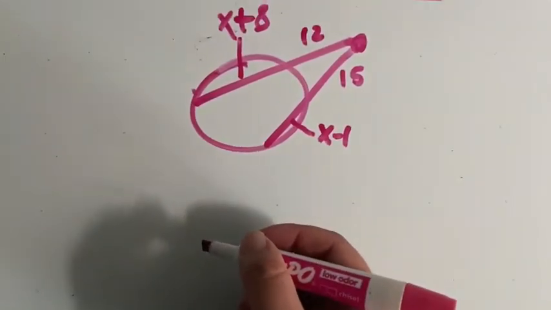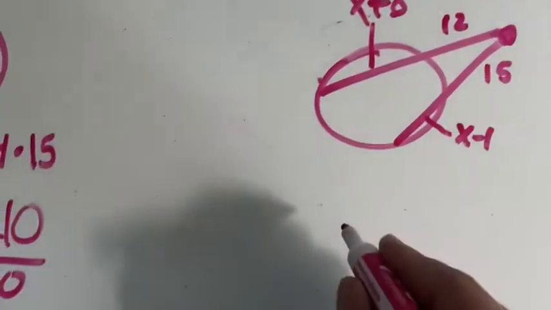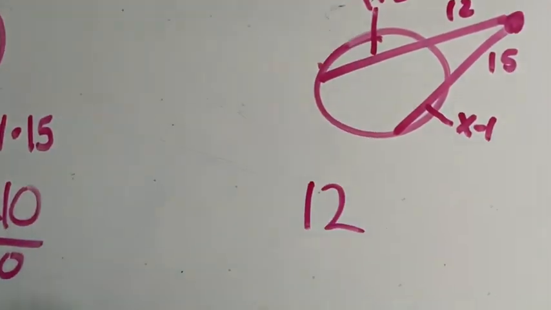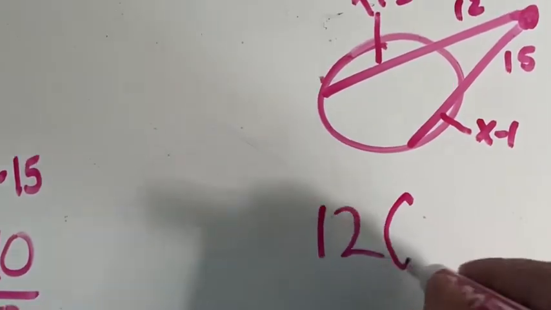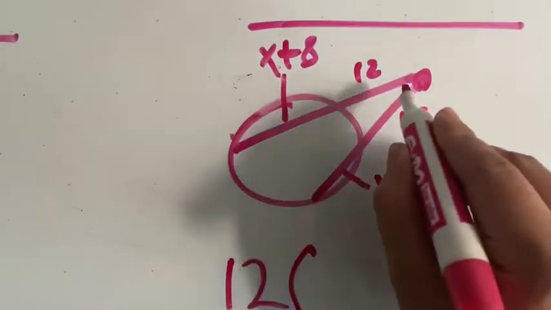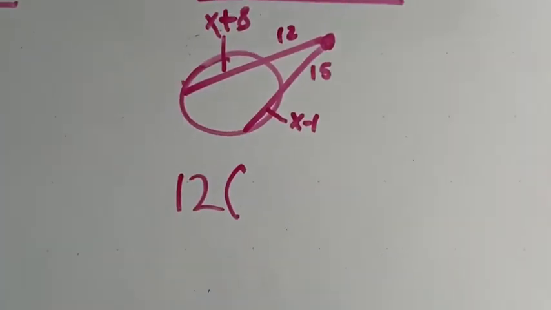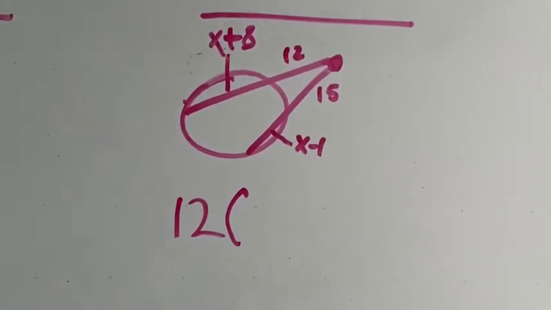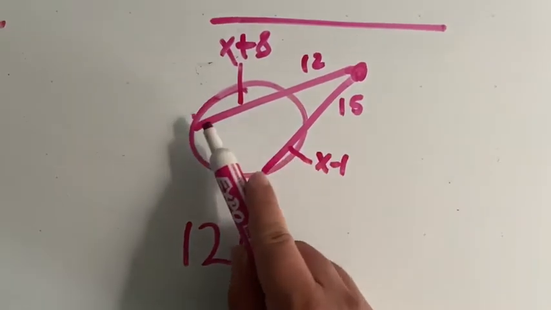All right. We're going to have 12 times, now it's this entire secant line. So what can that be? What is that more likely to be? It's not just x plus 8, because x plus 8 is this singular line.